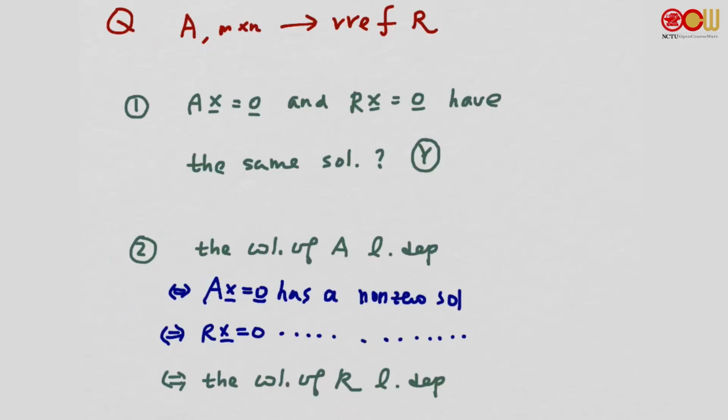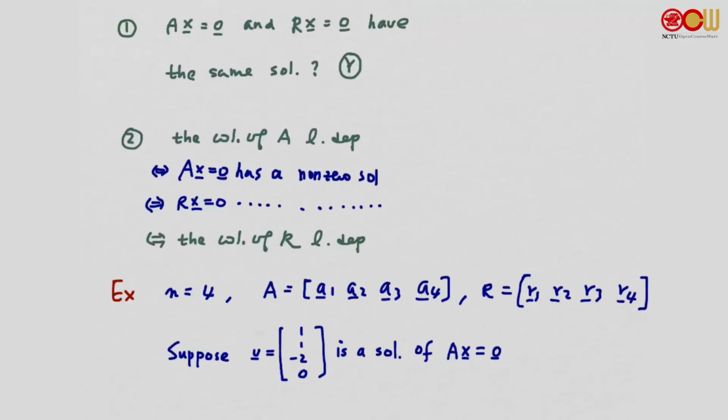So if we want to determine if the columns of A are linearly dependent, we can look at the columns of R, which are much easier to observe linear dependency because of the special structure of the columns of R. Let's look at one example to see why this property is very useful. In this example, n equal to 4. So A has 4 columns, A1, A2, A3, A4.